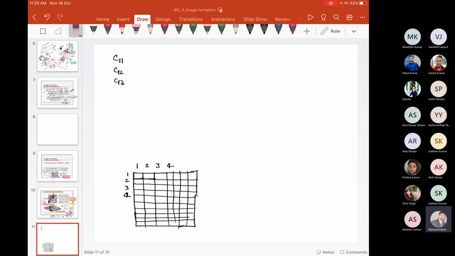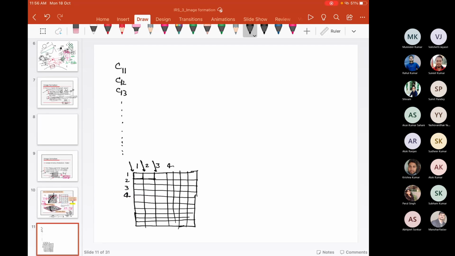If we arrange it in terms of an array, then the first index is the row and the second represents the column. So C11 is the first element, then C12 is the second element, then C13 the third element. Similarly, nomenclature can be given for the remaining elements.